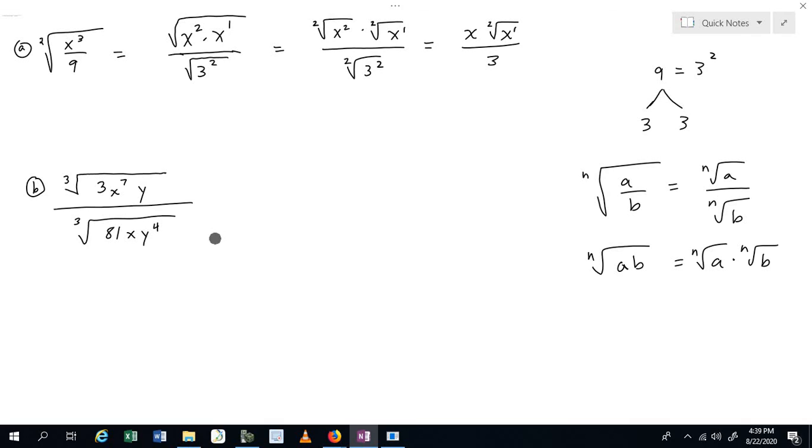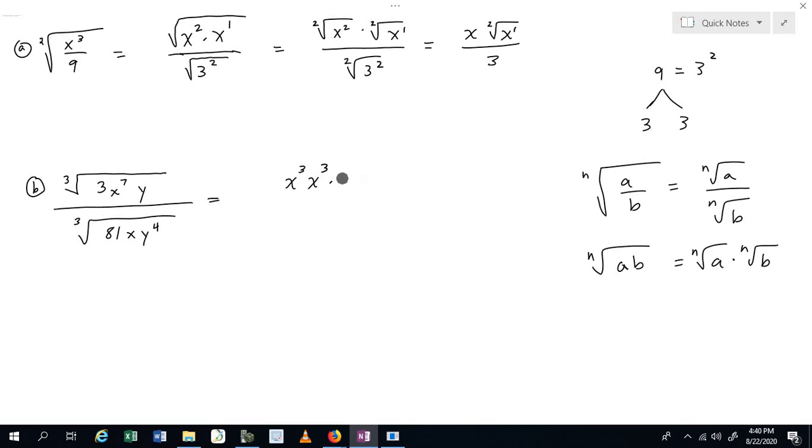Okay, and so let's look at B now. So this is certainly not simplified. You can't have radicals in the denominator for sure. So let's try to simplify that. So again, I'm just going to go through. We're taking the cube root in this case, so I'm going to take this x to the 7th power and write it as x cubed as many times as I can.